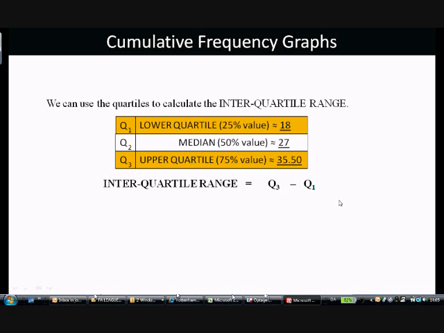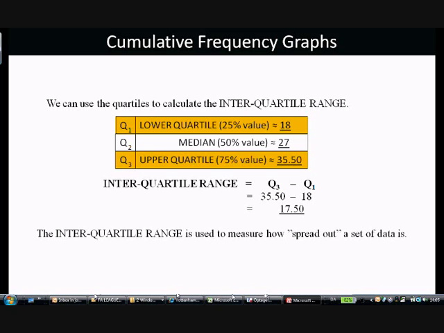So Q3 minus Q1, 35.50 minus 18 is $17.50. So the interquartile range is how far it is from the top quarter to the bottom quarter of the data. And in this case it's $17.50 from the top quarter of the people, the top 25%, down to the bottom quarter, the bottom 25%.